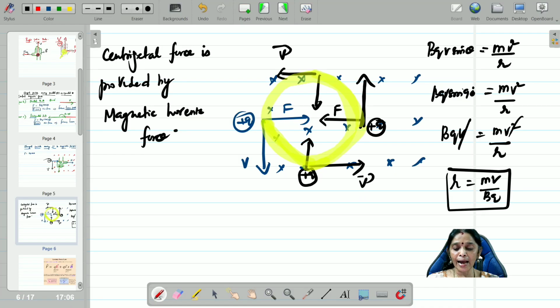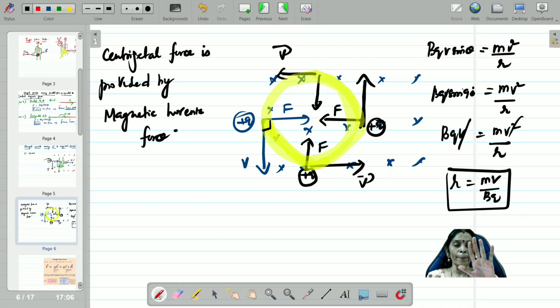Now you understand that the velocity of the charged particle is perpendicular to the force. How do we obtain the force? By using the magnetic Lorentz force. How do we know that it is acting towards the right, or towards up?